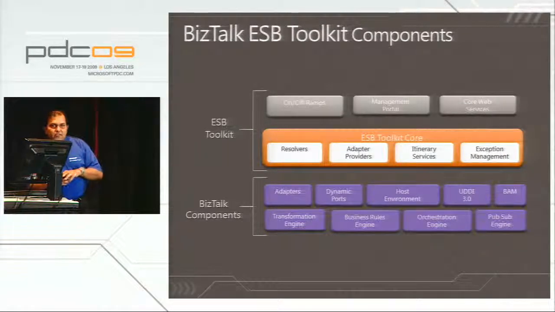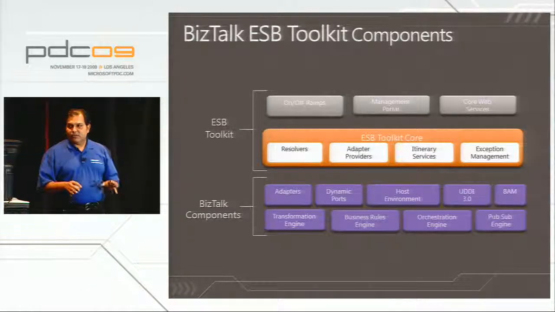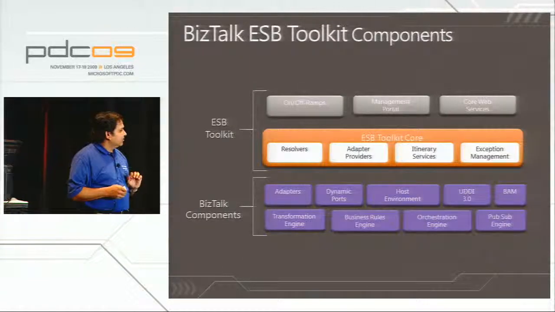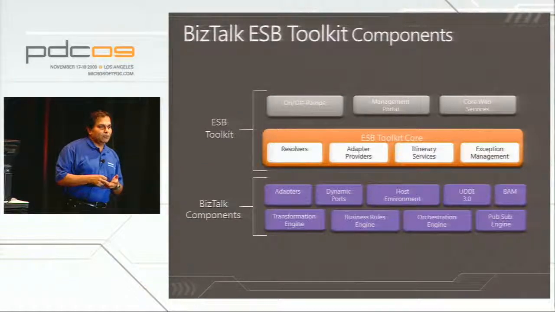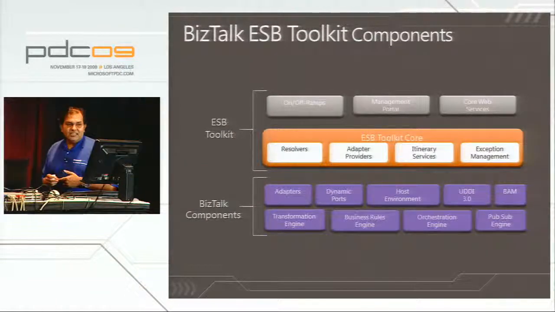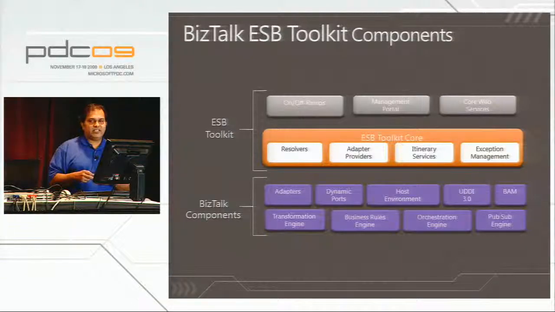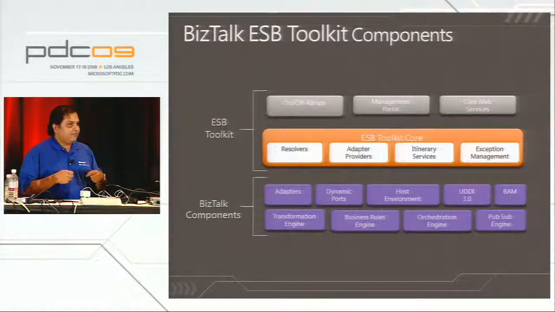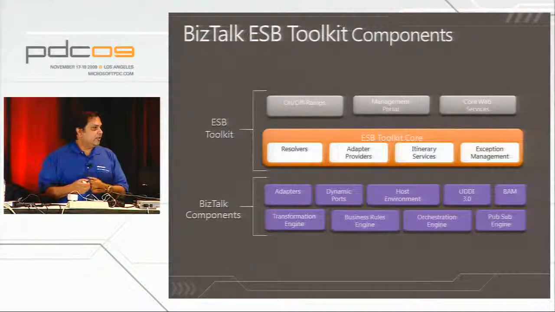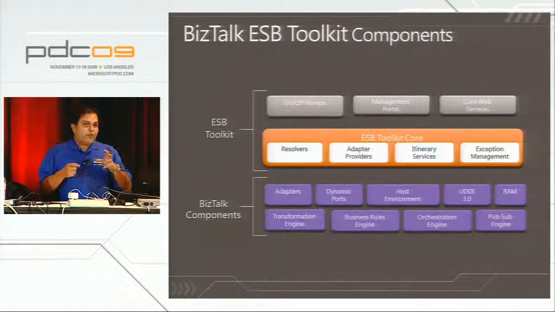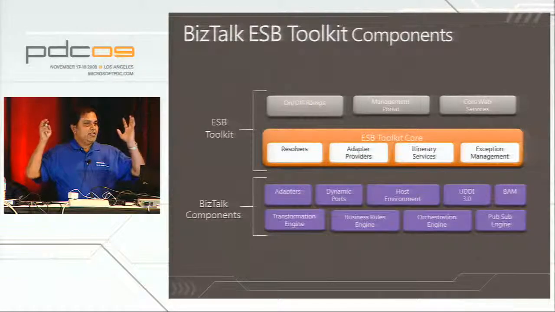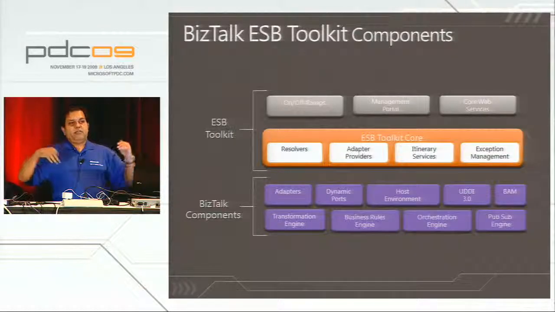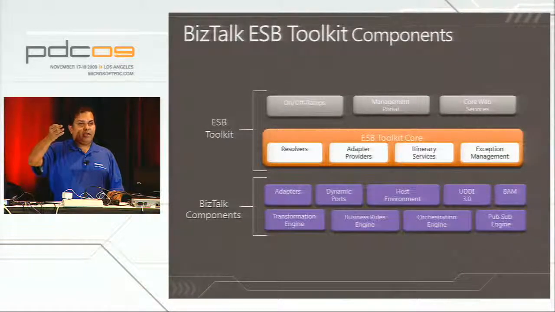So what are the key components of ESB Toolkit? Most of you are pretty familiar with the BizTalk component at the bottom of the slide here. So what does ESB Toolkit actually add? It adds on-ramps and off-ramps. These are the mechanisms for ESB to receive and send messages. The management portal is a centralized portal, and we will show you the demo, that gives you information about messages: which messages have failed, how many, and why they have failed.